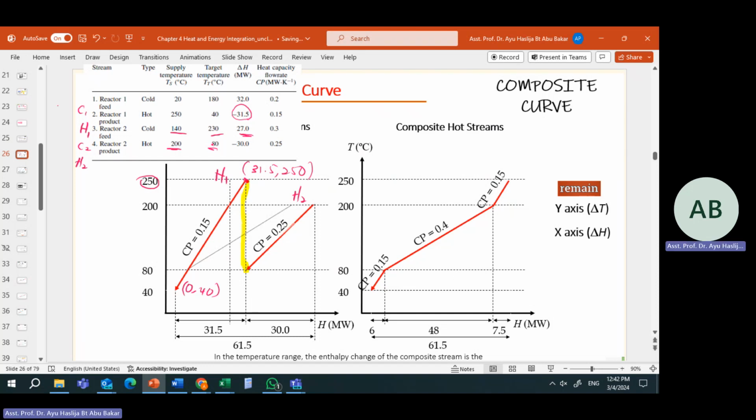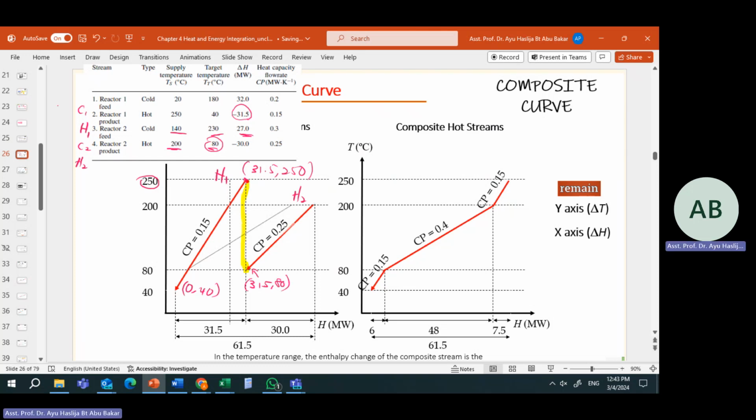So the coordinate for T target of H2, 80, would be on the x-axis starting from 31.5. You continue the first stream with the second stream. The coordinate would be 31.5, 80 for this point. T supply is 200.